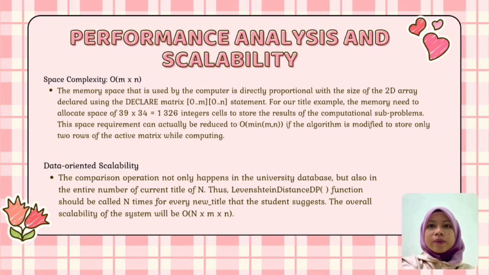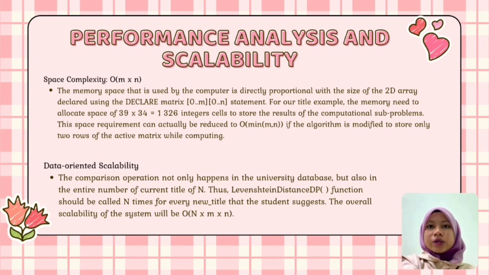For our example, the memory needs to allocate space of 39 times 34 equal to 1326 integer cells to store the results of the computational subproblems. So this requirement can actually be reduced to a minimum if the algorithm is modified to store only 2 rows of the active matrix while computing.